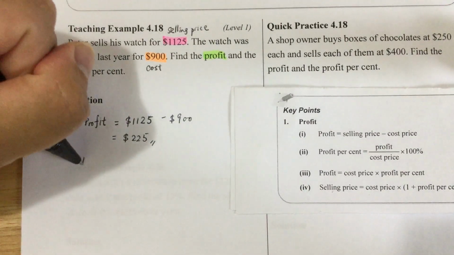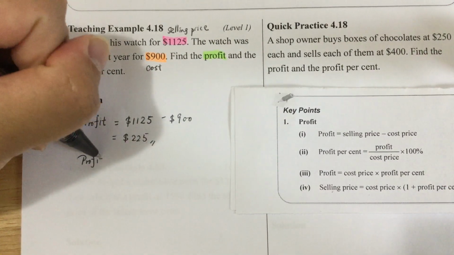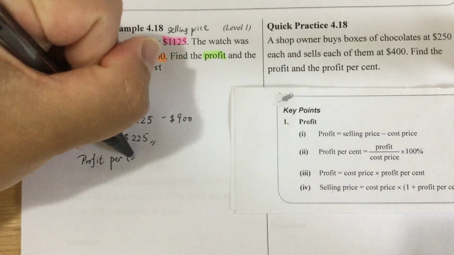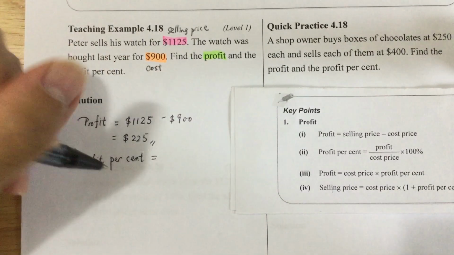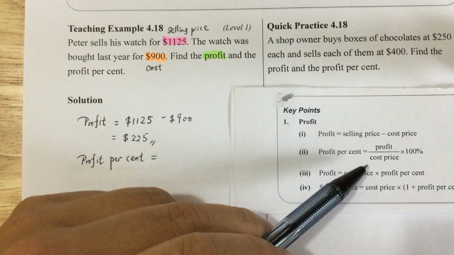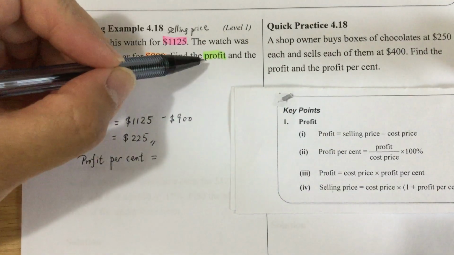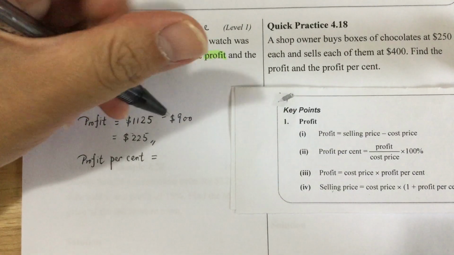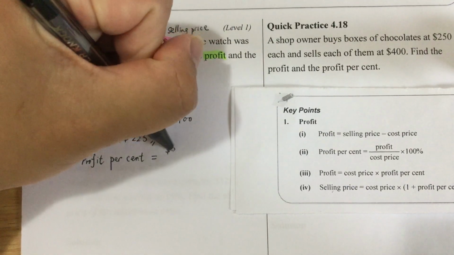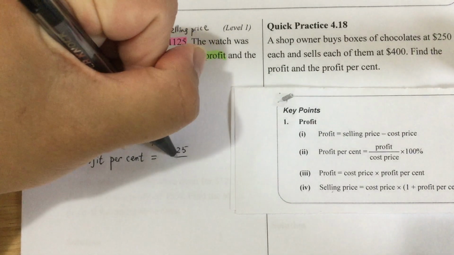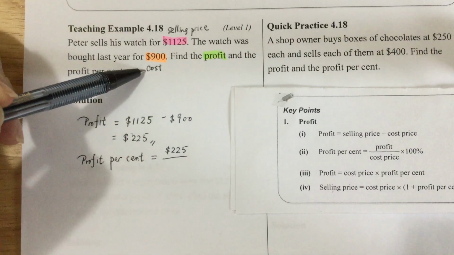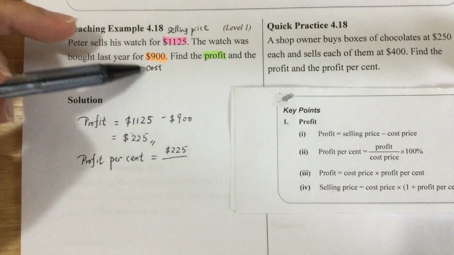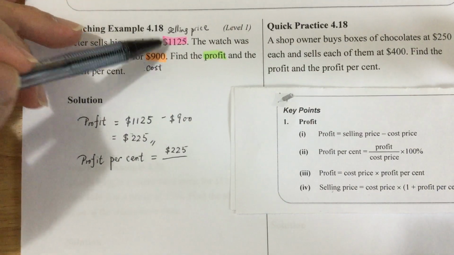And then we will have the profit percent. We are going to find the profit percent, so why don't we use formula 2? The profit we get is $225, so we have 225 over the cost. This time, please pay attention, the cost is $900 but not the 1,125.